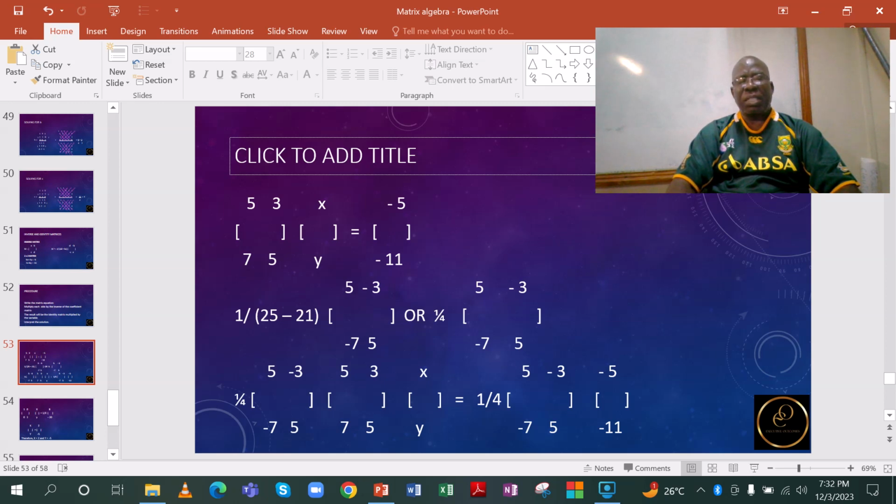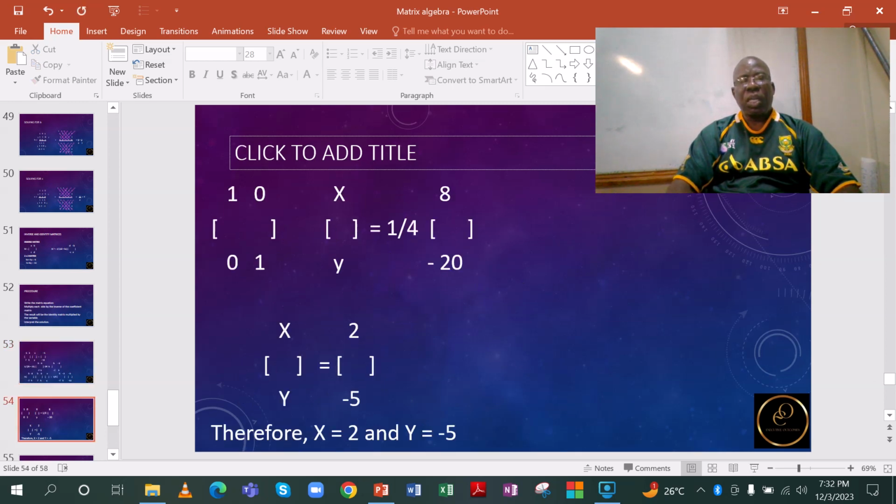So you multiply both sides of the equation, and what do you get? When you multiply the inverse matrix with the original matrix, it gives you the identity matrix.